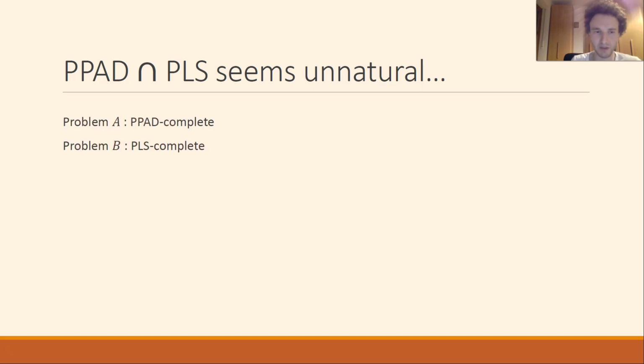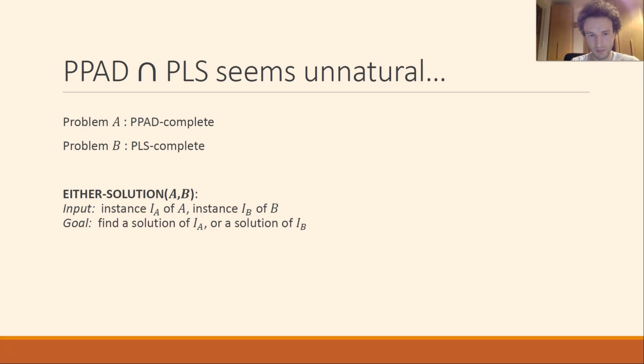And let me explain why. Consider a problem A that's PPAD-complete and a problem B that's PLS-complete. Let's construct the following problem, Either-Solution of A or B, which is defined as: given an instance of A and an instance of B, find a solution to one of the two, whichever one you want.